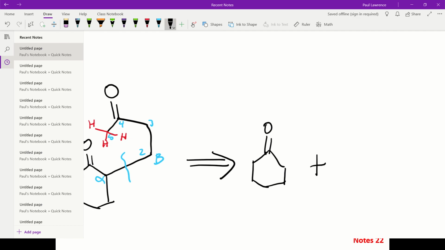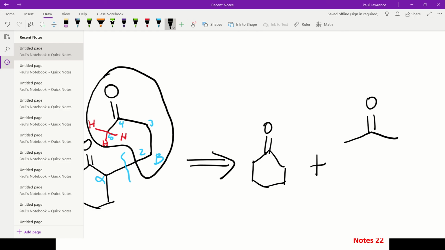But this piece right here that has just been broken off, we're going to do something to it. We're going to take that beta carbon right there and put a double bond there, just like that.